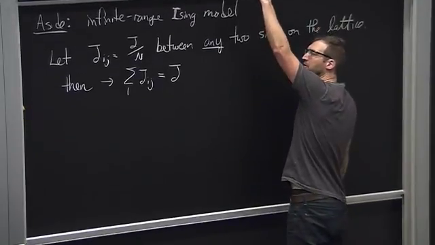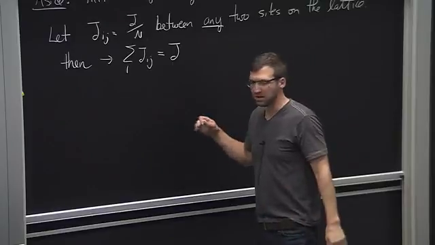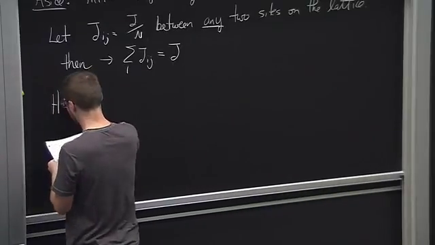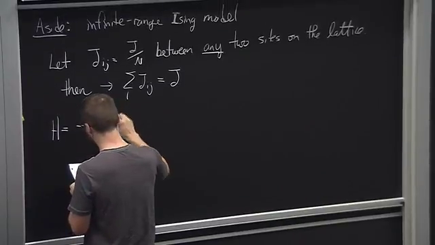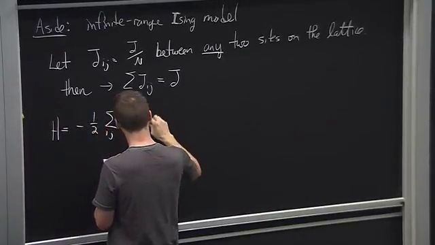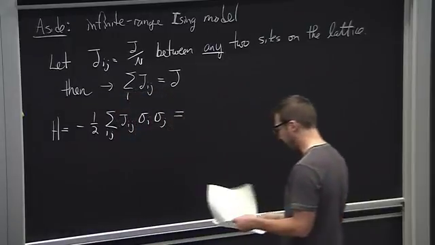So we can write our Hamiltonian then, just using this vast simplification. Let's see, do I need the field here?